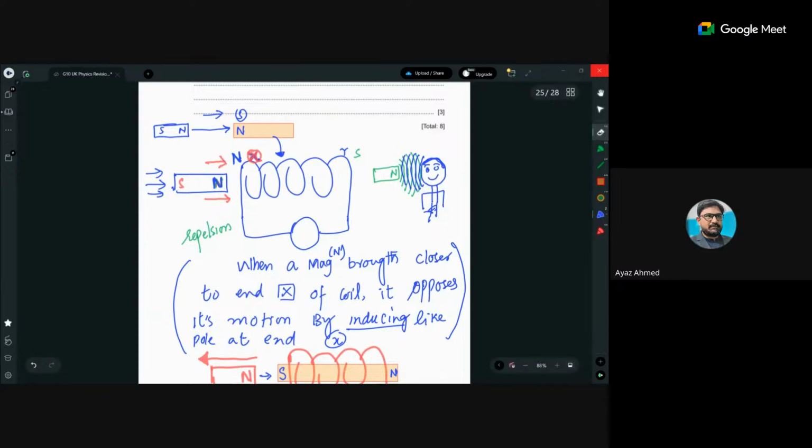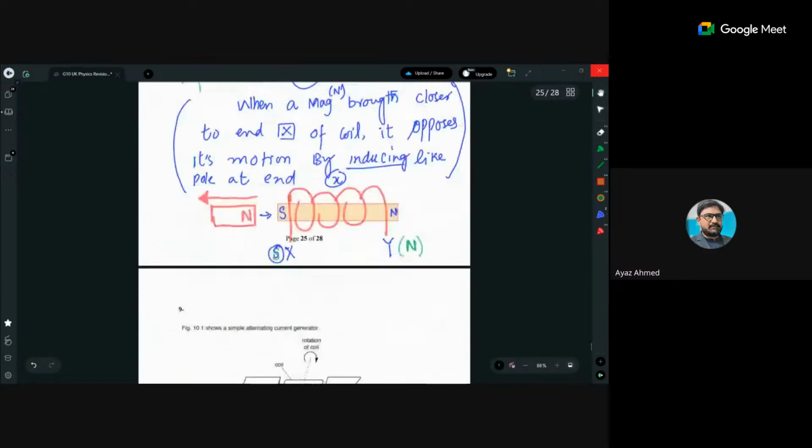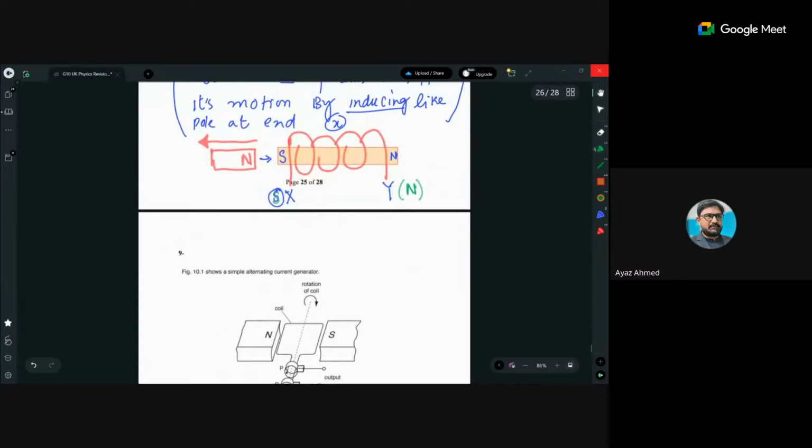I'm saying that if you have a magnet and you are moving it simply, no opposition was there, so you were applying a force F. Okay, let's say it was 2 Newton. Is it clear to you?